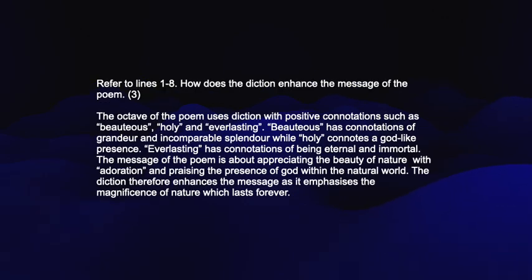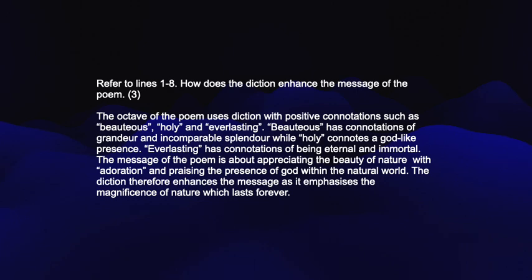Question 2. Refer to lines 1 to 8. How does the diction enhance the message of the poem? The octave of the poem uses diction with positive connotations such as beauteous, holy, and everlasting. Beauteous has connotations of grandeur and incomparable splendor, while holy connotes a godlike presence. So there I have my marks for diction, and I've got an additional one just to make sure I get those marks. Everlasting has connotations of being eternal and immortal.